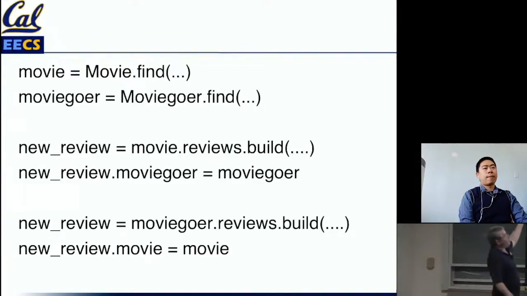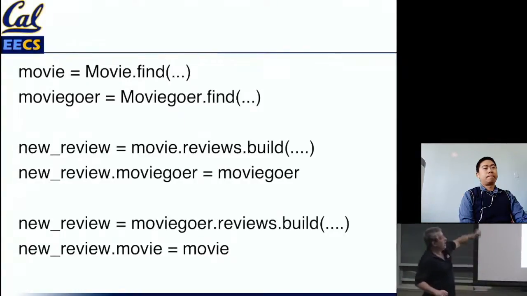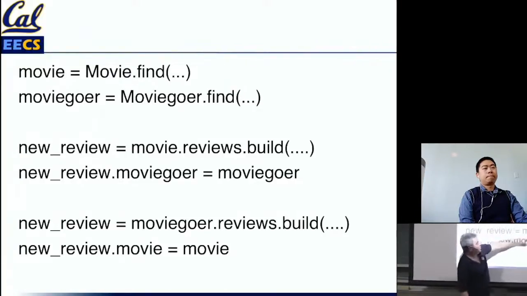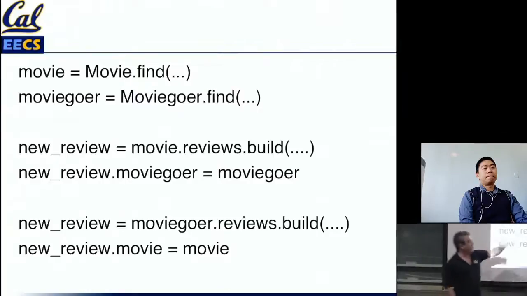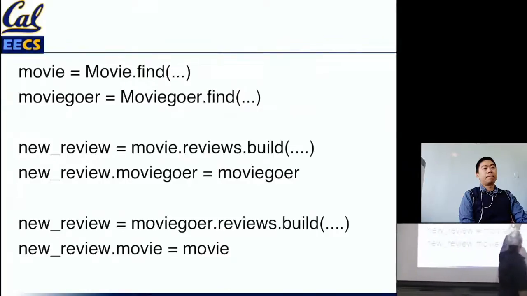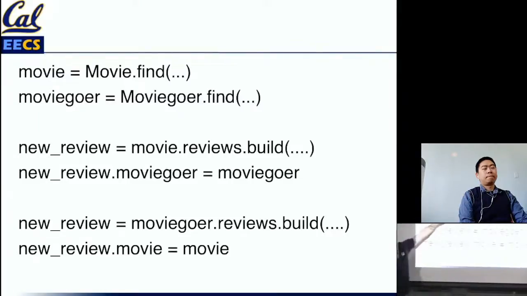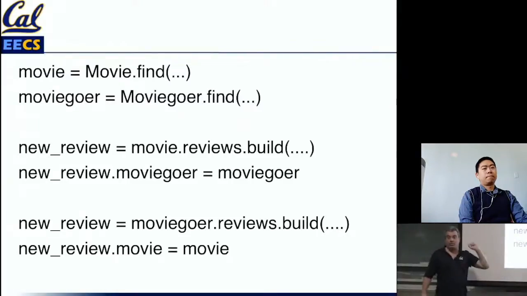So how do you build a review that has both a movie and a moviegoer associated with it? If I have a movie in hand and a moviegoer in hand, I could use either movie.reviews.build or moviegoer.reviews.build. All right? So this will get the correct foreign key association for the movie into the review. But then I need to manually assign the moviegoer to get the other foreign key. Or I could do it the other way around.